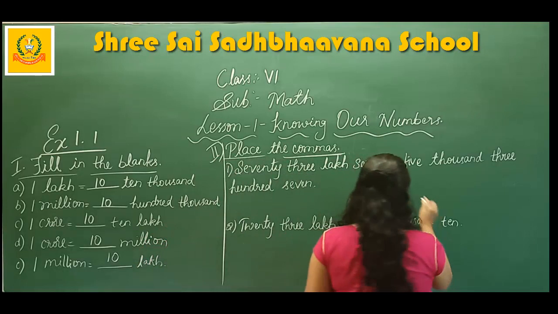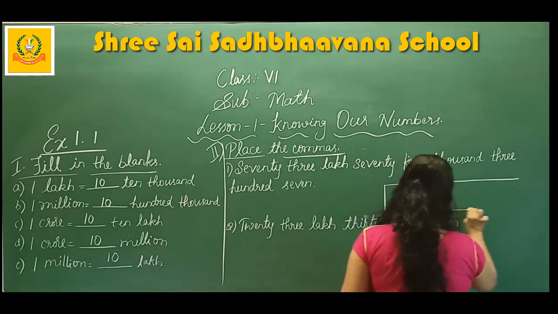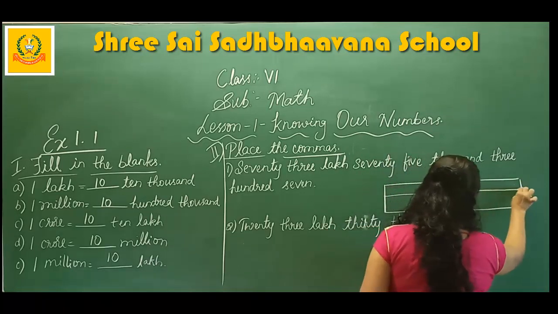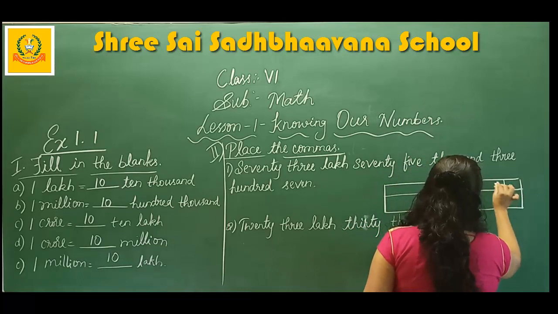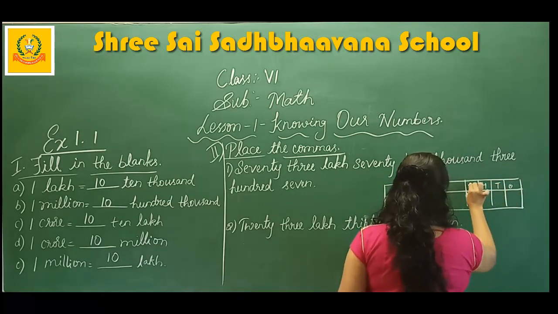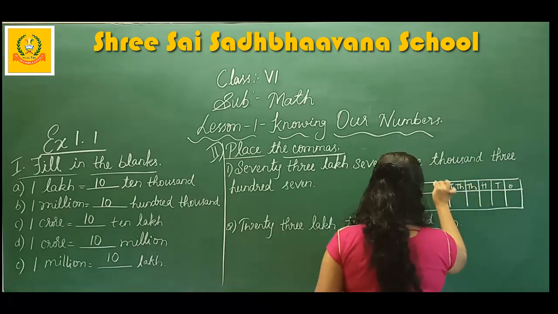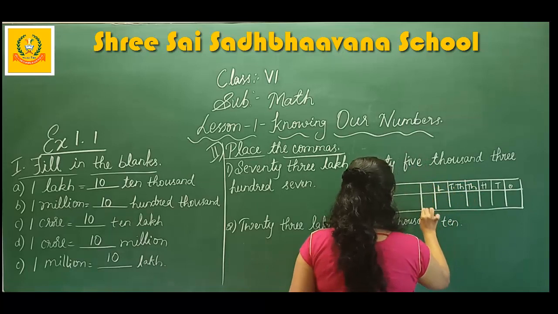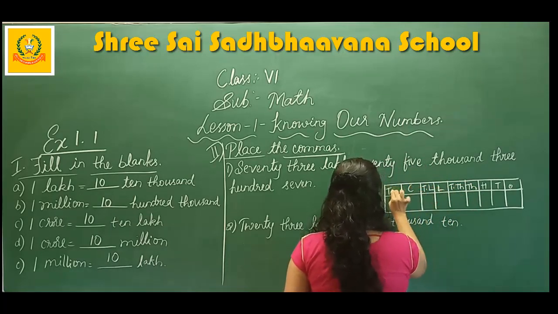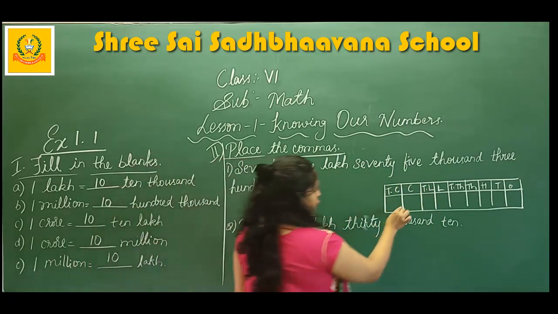Let us draw here: ones, tens, hundreds, thousands, 10,000, lakhs, 10 lakhs, crores, 10 crores. This is the place value chart.